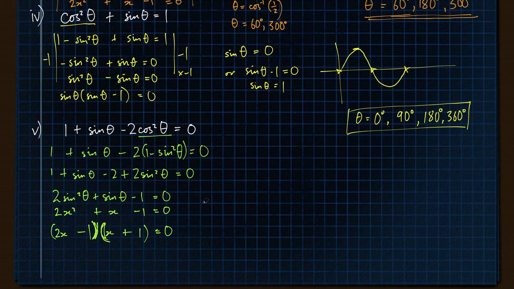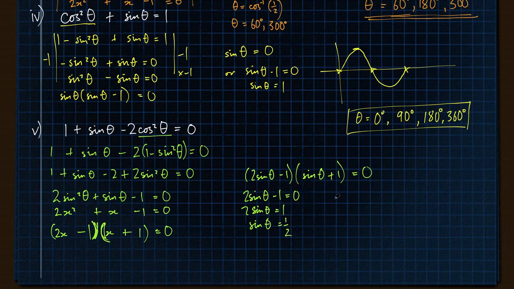So if I write that in terms of sine theta, that is 2 sine theta minus 1, sine theta plus 1 equals 0. So either 2 sine theta minus 1 equals 0, and therefore sine theta equals a half, or sine theta equals minus 1.